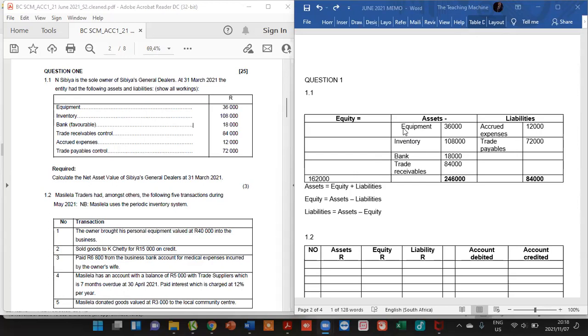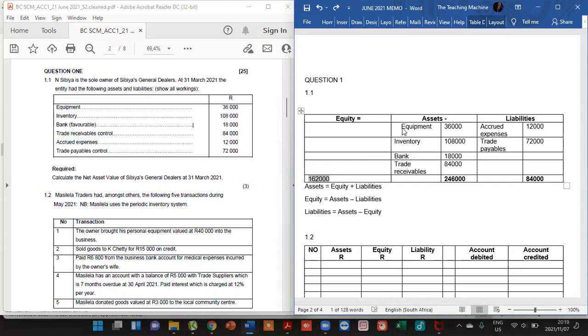Now, when you group the accounts, you need to do what we call a criteria test. If you say equipment is an asset, does it fit the criteria? Yes, it does. What about inventory? Yes, it belongs to the business. The equipment belongs to the business.